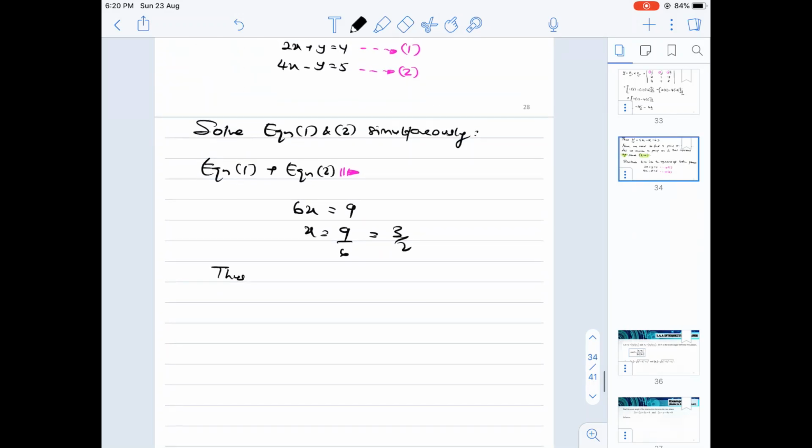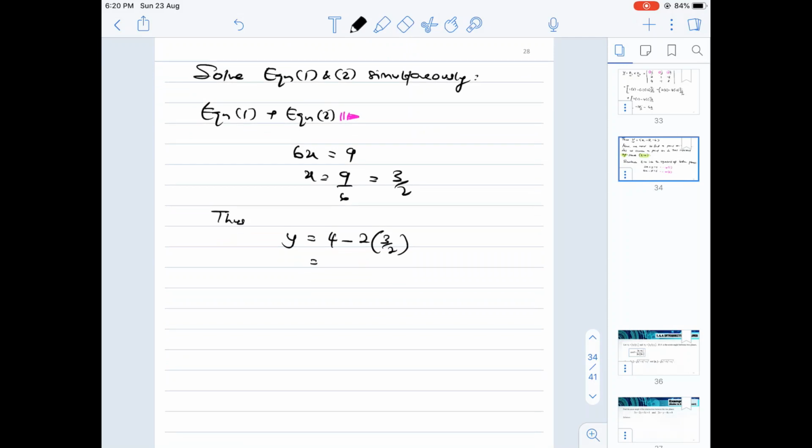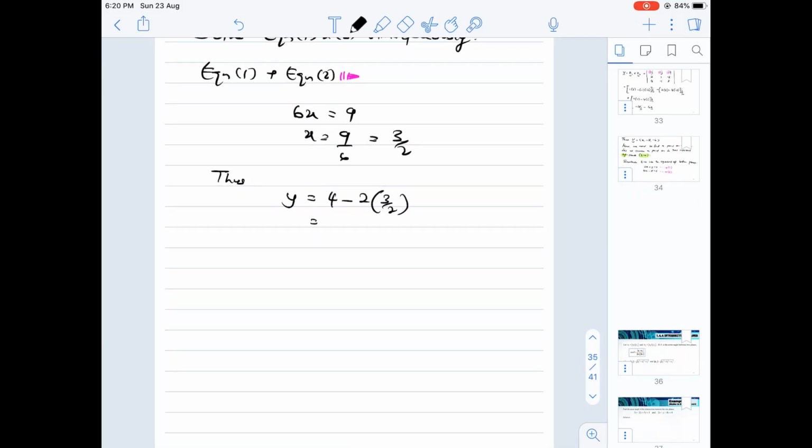Thus, if we substitute into the first equation, we can get y equals 4 minus 2x. So 4 minus 2 times 3 over 2, we will get y equals 1.